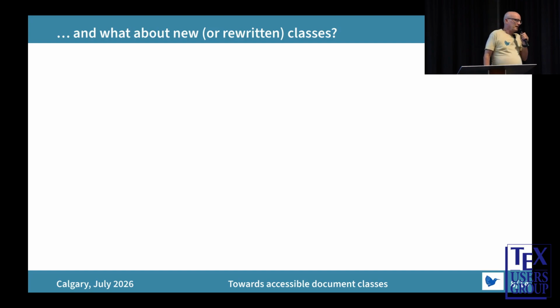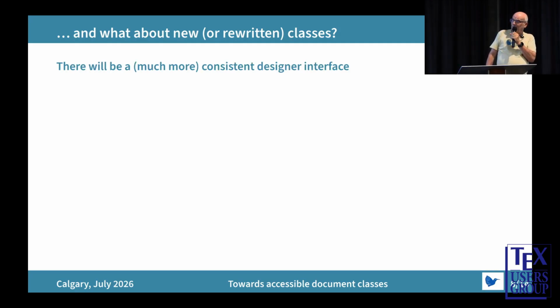And what's the advantage for the new classes? Classes that are either completely new or are rewritten from scratch? Well, basically you end up with a very consistent designer interface.